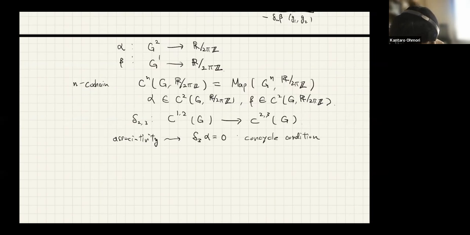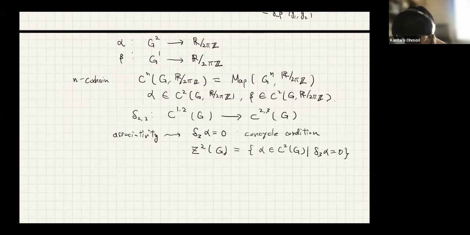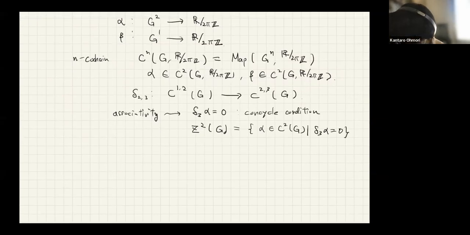We call Z^2 of G the set of cocycles, namely the alpha in C^2 of G with delta 3 alpha equals 0. So the actual projective phase is always a cocycle, in other words, an element of this group.